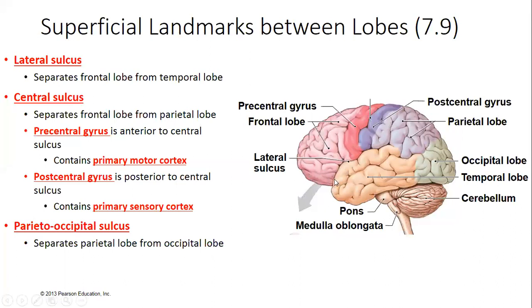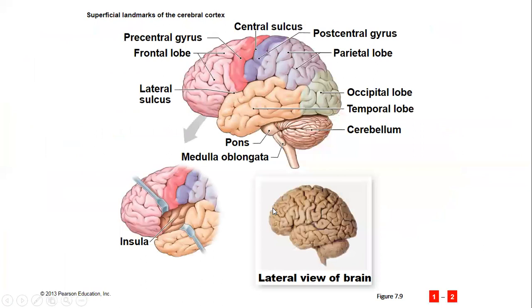The lateral sulcus separates the frontal lobe from the temporal lobe. And then there's a parieto-occipital sulcus that separates the occipital lobe from parietal. There's the central sulcus. So here's a good view of that, it's labeled. It's basically the same figure, but it actually points out the central sulcus right here.